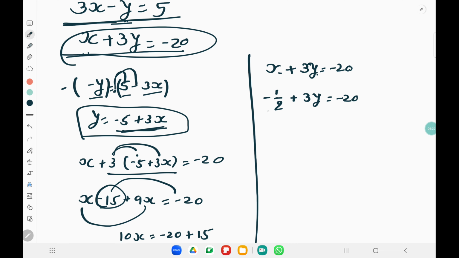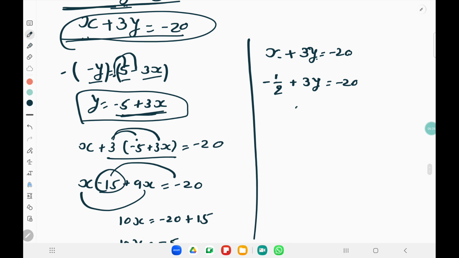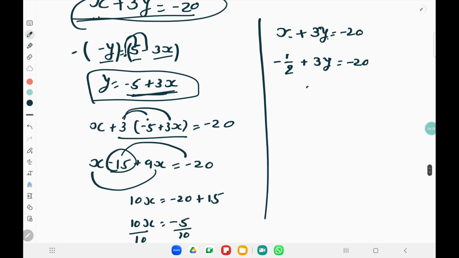Okay, negative half I move to the opposite side. So 3y equals negative 20 plus half, because when we change the side, we change the sign. So 3y equals negative 19.5, because this half means 0.5, right?